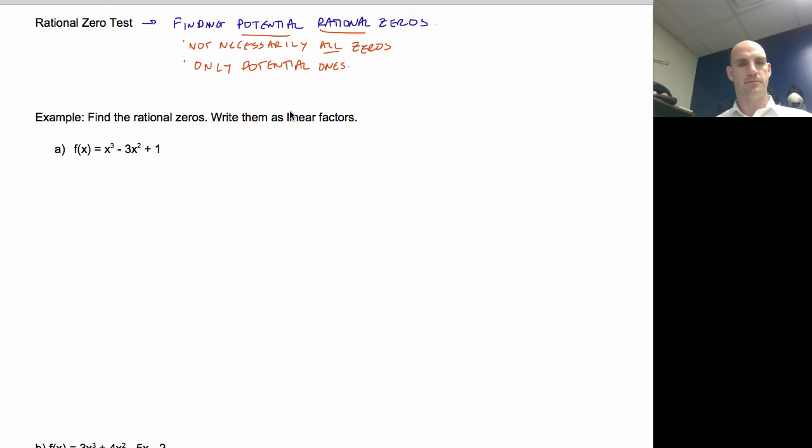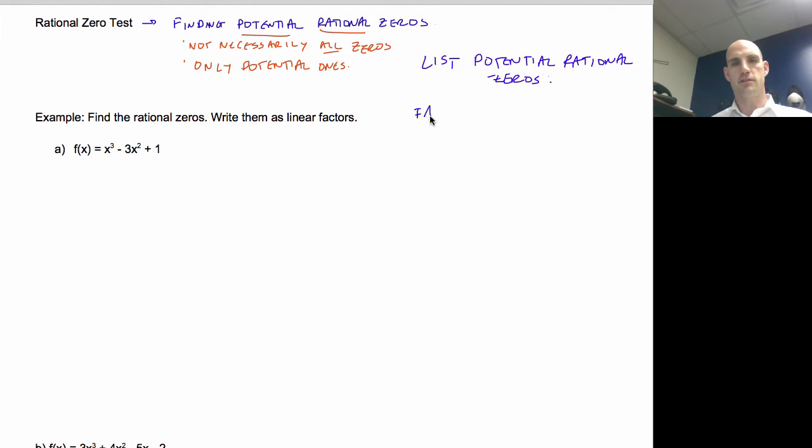This is how it works. List potential rational zeros. And this is what it looks like.